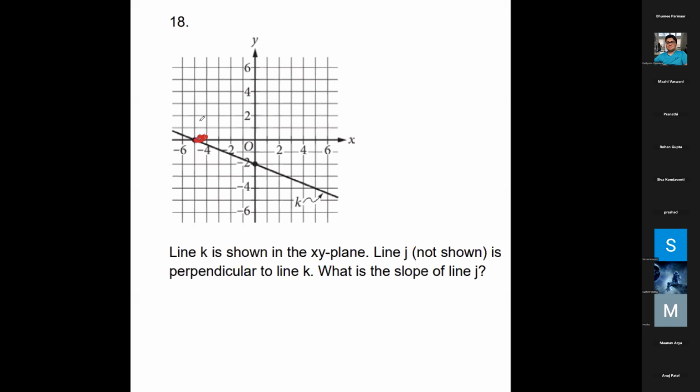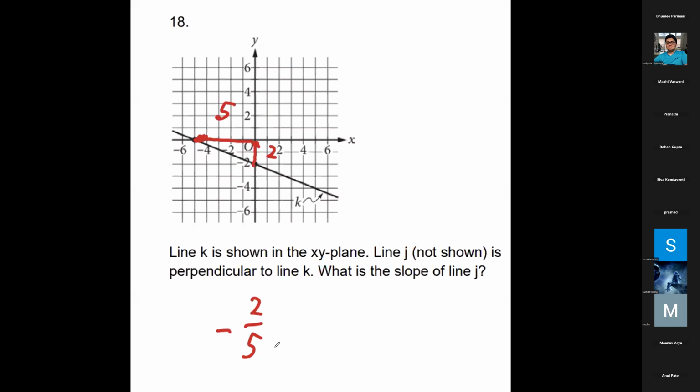which would be right 5, and we go down 2, so the slope would be 2 over 5, and it's negative. So the slope for line K is negative 2/5. And so if a line is perpendicular, what is the slope of line J?